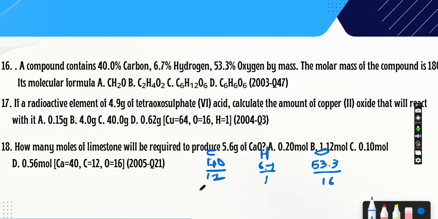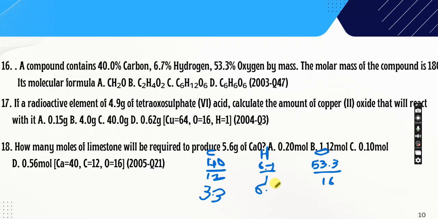Dividing carbon by 12 will give us what? That's 3.33. This will give us 6.7. This will also give us 3.33.